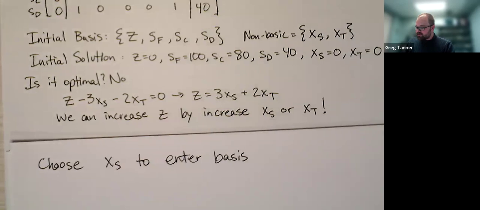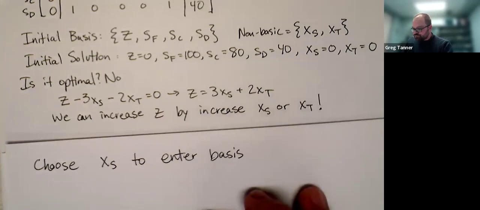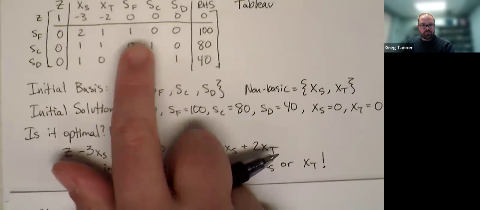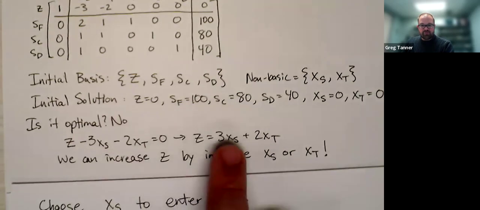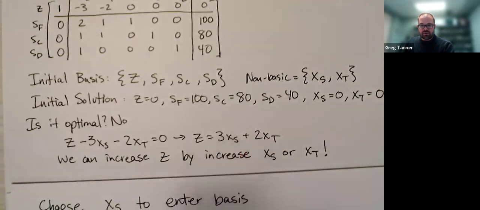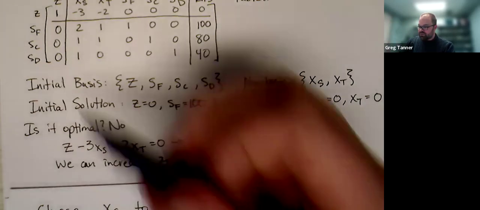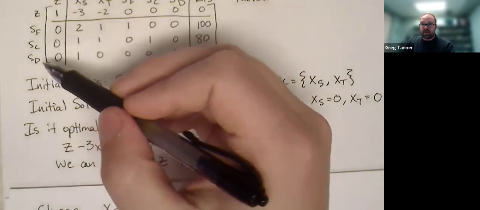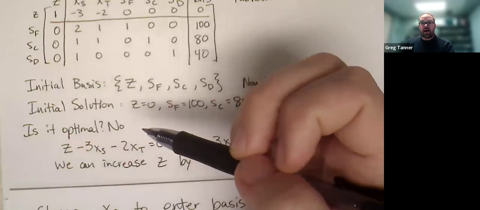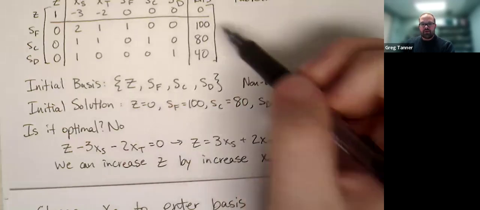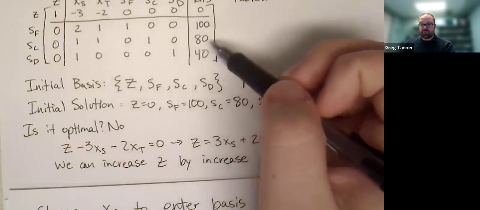And so let's look at our constraints that are up here and think about, okay, if xs, which is currently 0, starts increasing from 0, when do the other variables, sf, sc, and sd, have to compensate for that in order to maintain the inequalities here?